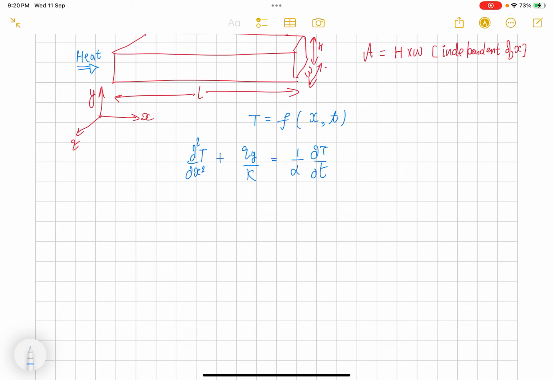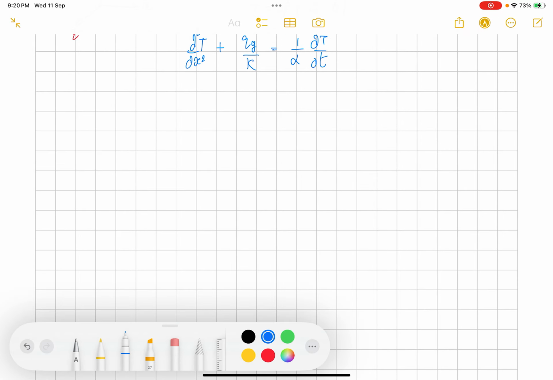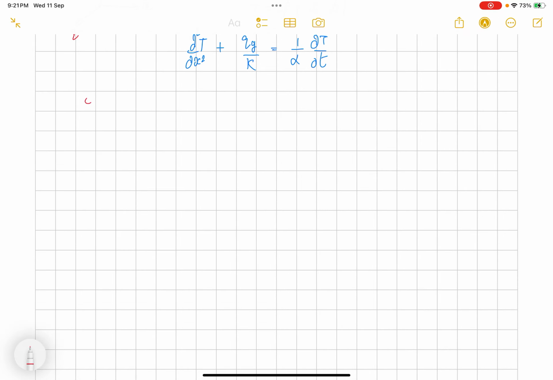Now if we look at the cylindrical coordinate system, assuming one dimensional heat flow only, in the cylindrical case there can be two cases.